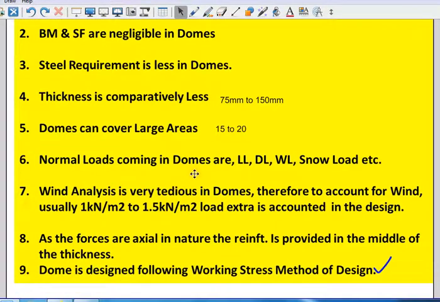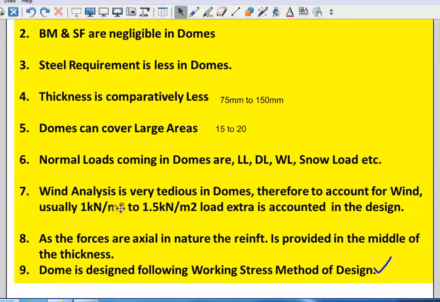Normal loads coming in domes are live load, dead load and wind load, snow loads also. But because of the peculiarity of the shape of the dome, the analysis of a wind load is very tedious actually. So in order to take care of these wind loads, normally we take 1 kilonewton per meter square to 1.5 kilonewton per meter square.